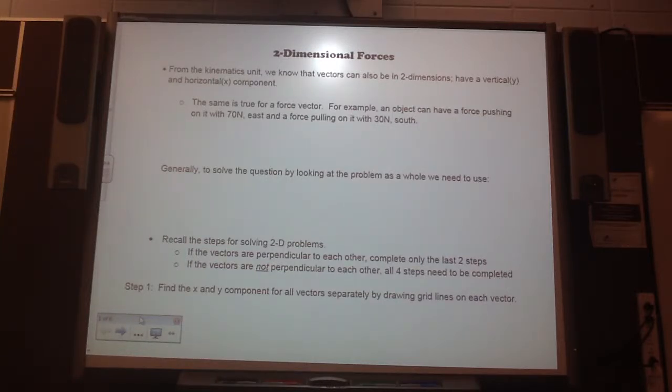For this one, though, since we're dealing with dynamics, we need to look at the situations we have, make our total x and our total y, and then find Fnet, an Fnet vector. Because when we think about Fnet, as you guys have been practicing, Fnet is what you need to use if you're going to find anything about acceleration or mass, or velocity, because that applies to acceleration. So finding Fnet is super important.